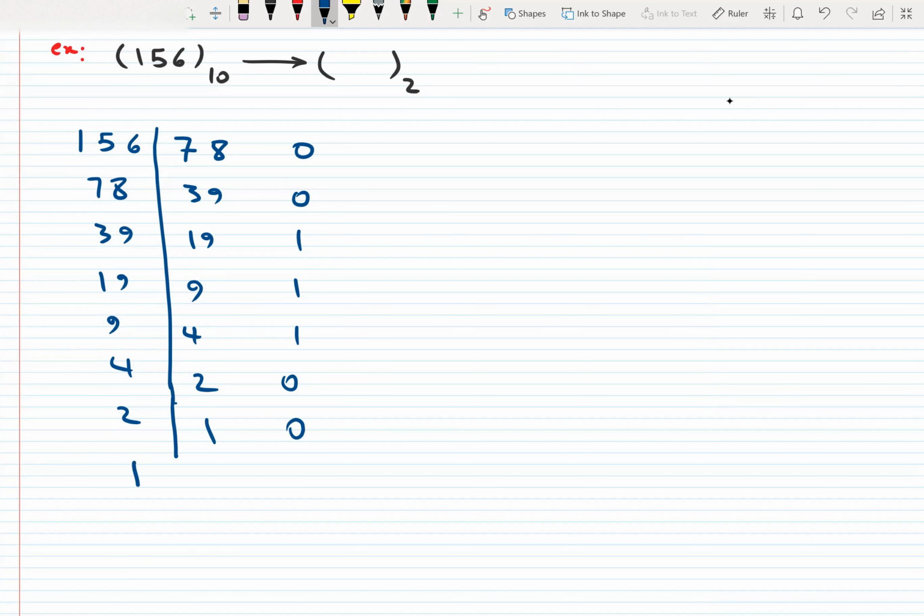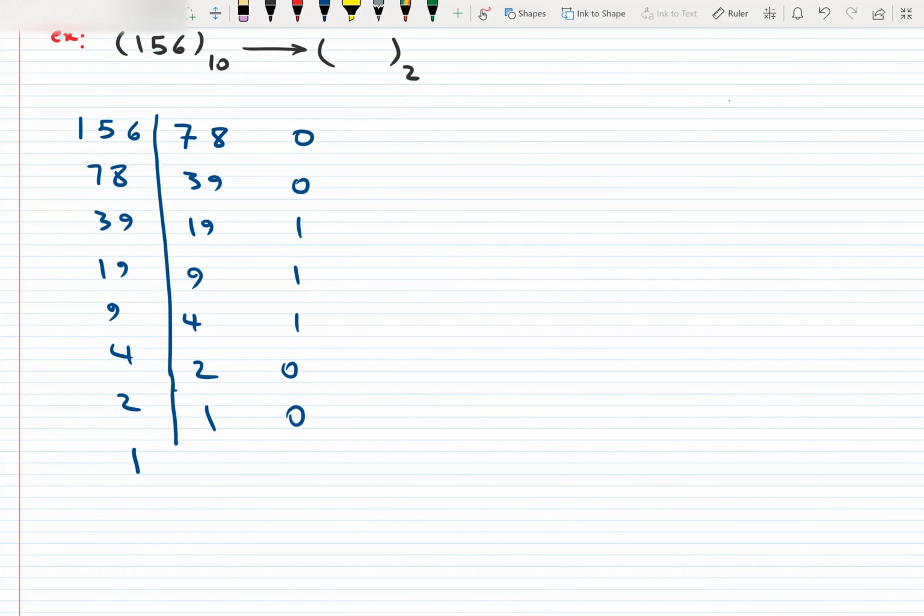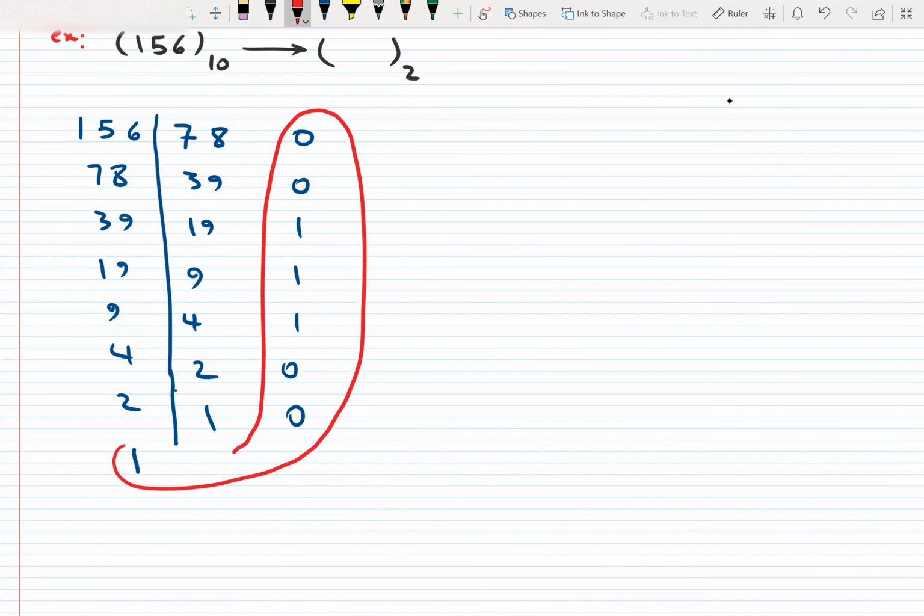And we have 1, which is less than 2. And we get these remainders from the bottom up, from the bottom to the top. And this one is the answer.